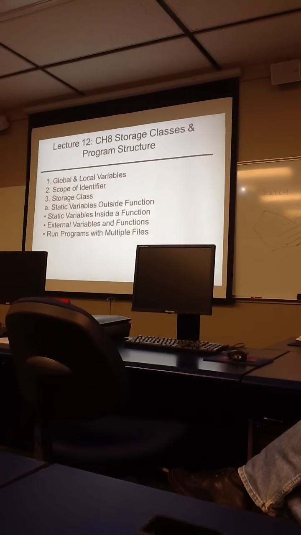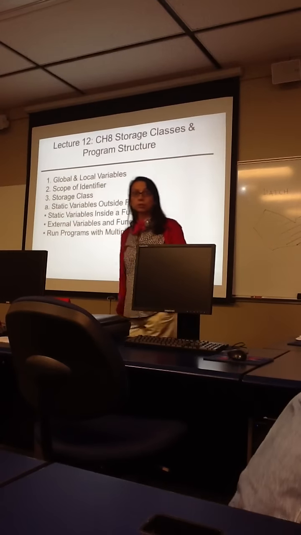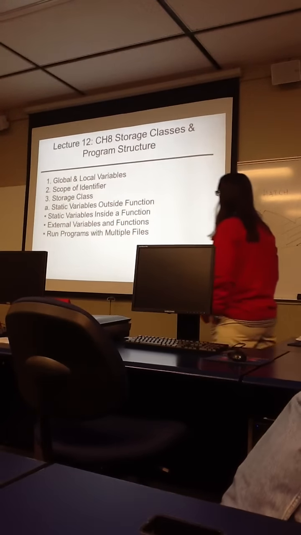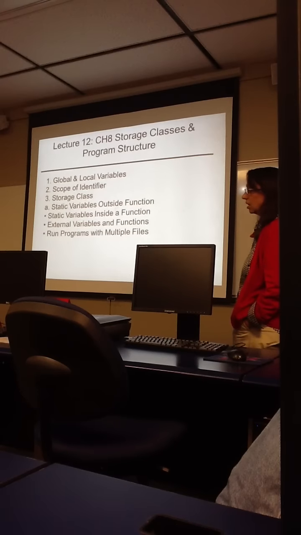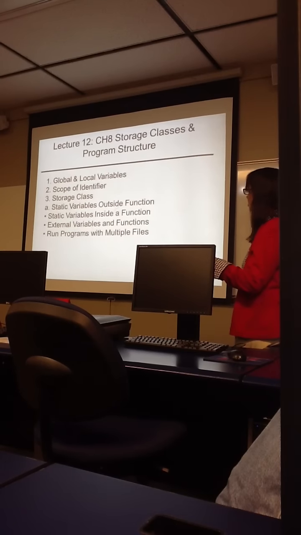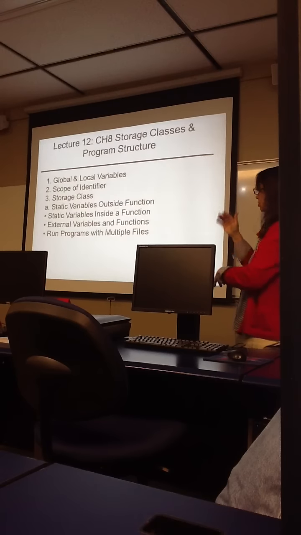Okay, and then I think this is basically the last lecture that will be included on the test, and that is storage classes and program structure. So remember that the different variables had different storage classes, and we had that little diagram. So you have just the program, file, and then the code.